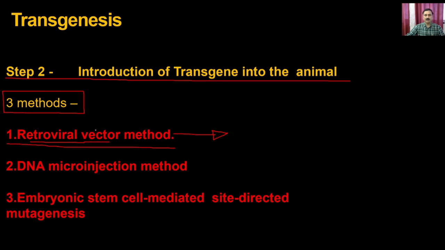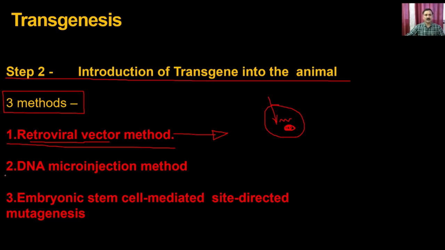And once there is a viral infection in the animal, the virus, under the natural process, is going to insert the DNA into the cell, and then this DNA will go to the nucleus of the particular cell, and then it is going to integrate into the genome of that particular organism.